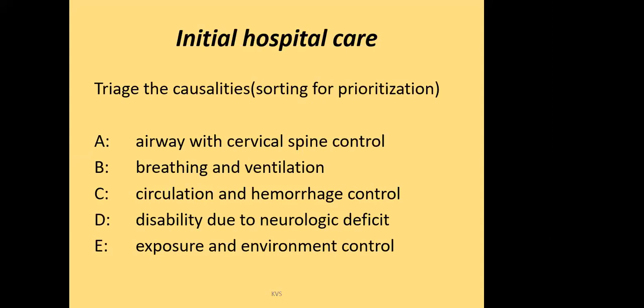Maybe just a point to note on C, hemorrhage control. You know that there can be injury intraoral. Sometimes you will be able to see, or you may not see, that there is bleeding.